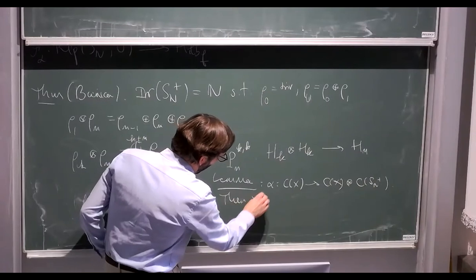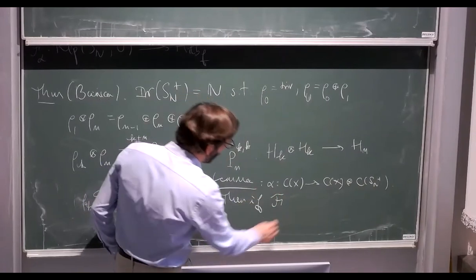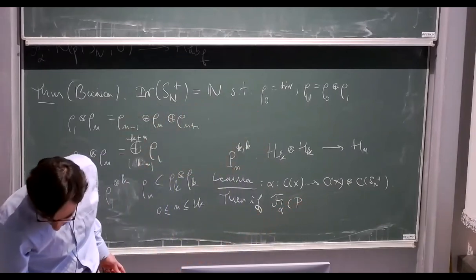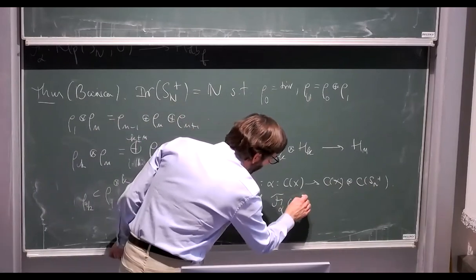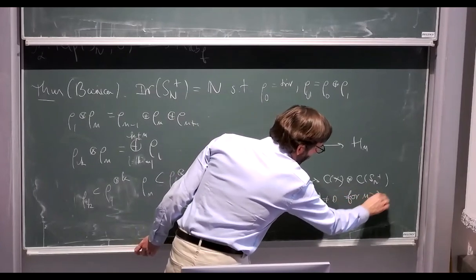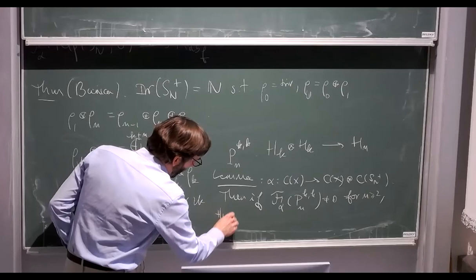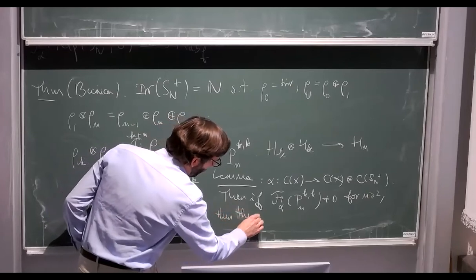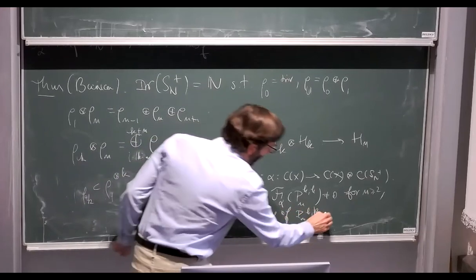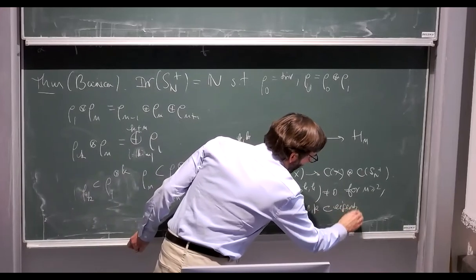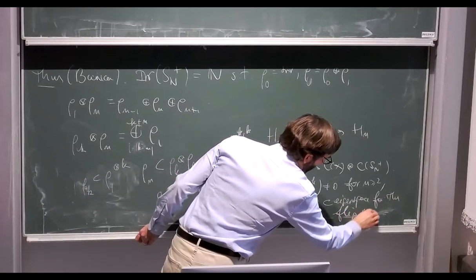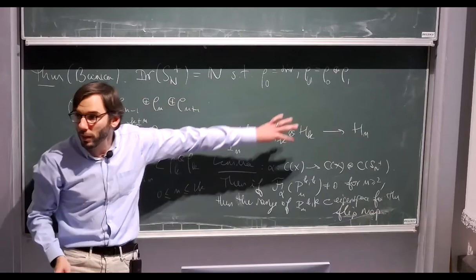Then if the image by the corresponding functor of P_{n,k,k} is non-zero, for n at least 2, then the range of P_{n,k,k} is contained in an eigenspace for the flip map. So the flip map is just the flip map on H_k, the one that swaps the two copies of H_k.